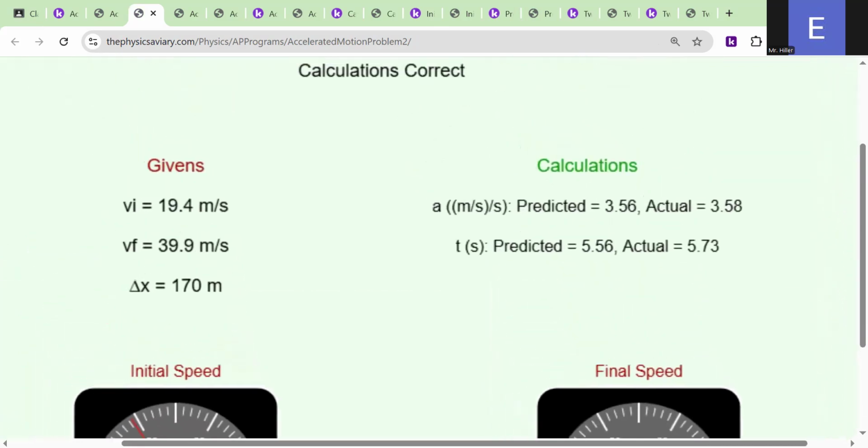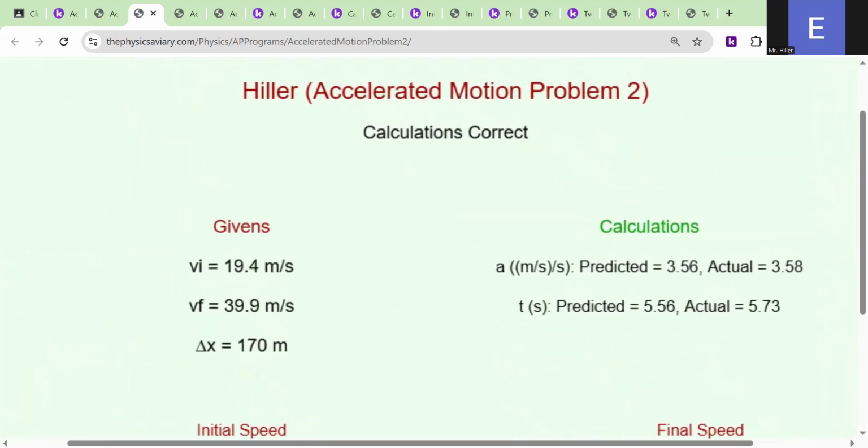And there you go. All right, hopefully you were able to get question 2 correct yourself. If not, try again. If so, on to number 3.